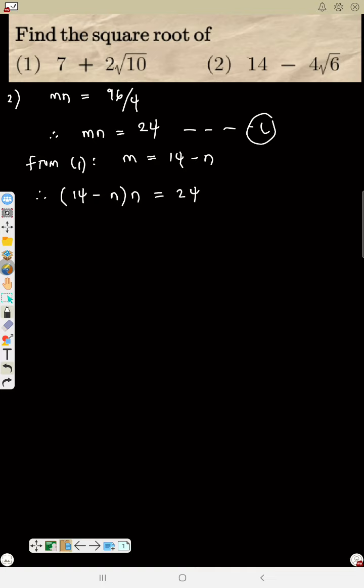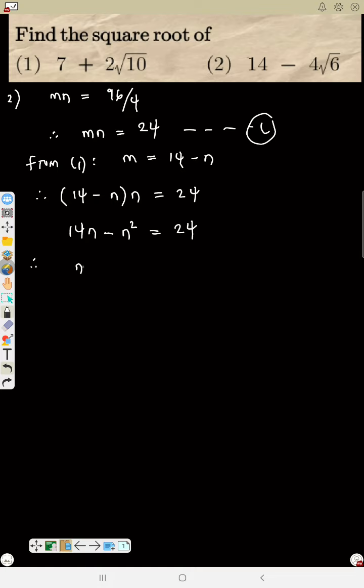Now open the bracket. This will be 14n minus n squared is equal to 24. 14n, that is n times 14, then minus n squared is equal to 24.